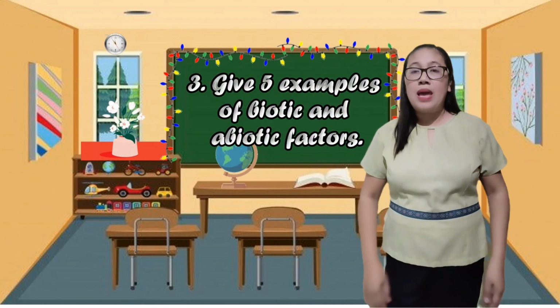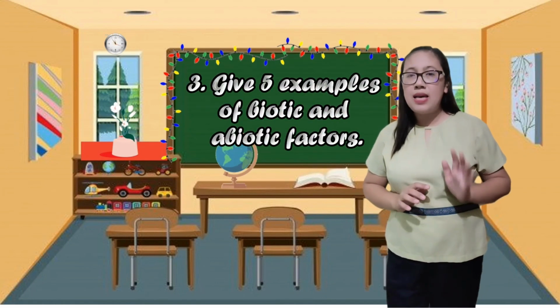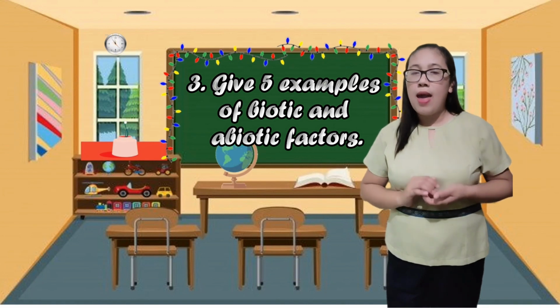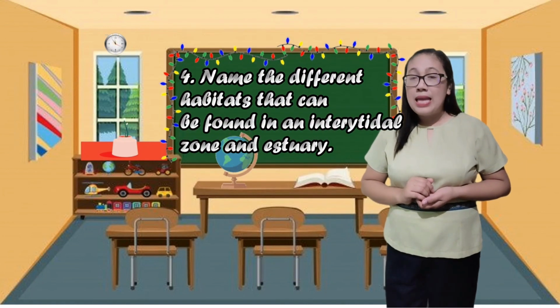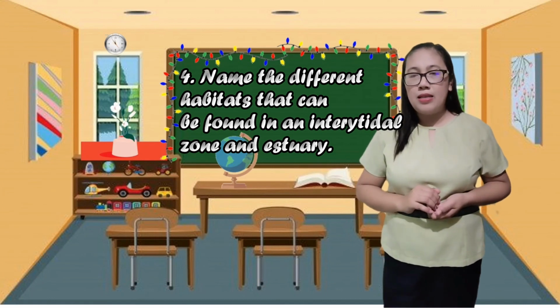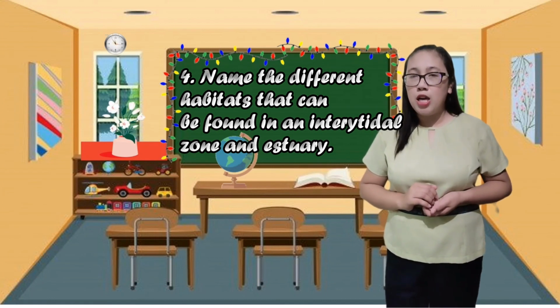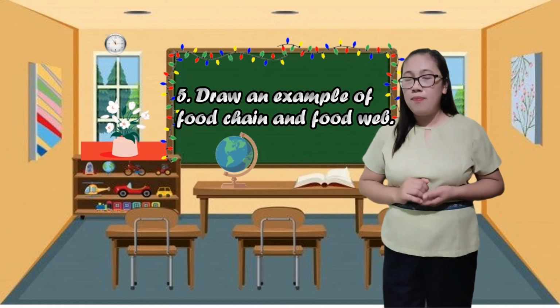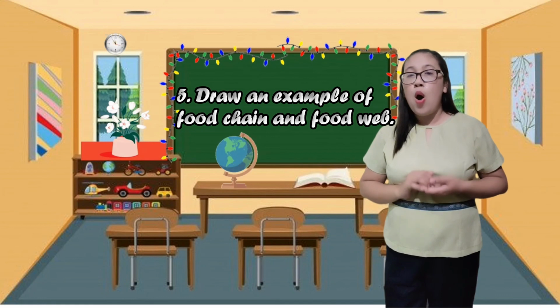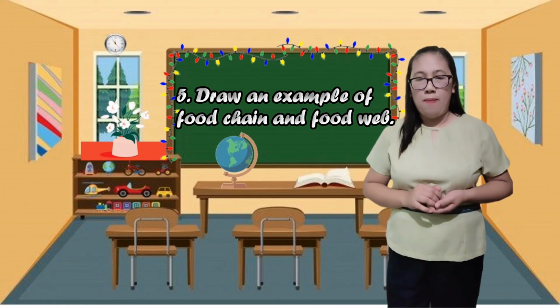Number 3, give at least 5 examples of biotic and abiotic factors. Number 4, name the different habitats that can be found in an intertidal zone and estuary. And for the last one, draw an example of food chain and food web.